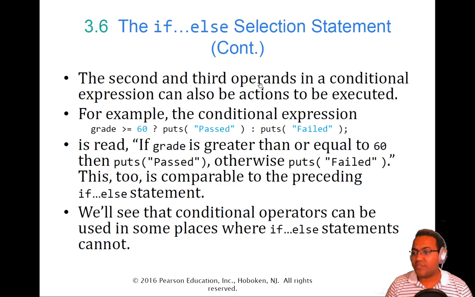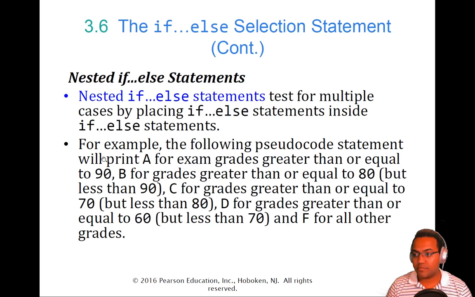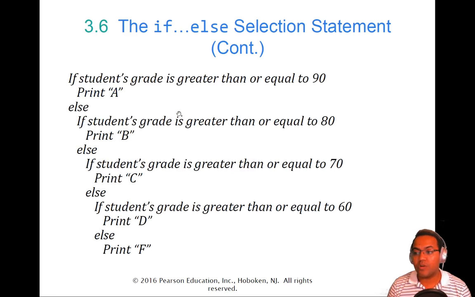So, the second and third operands in a conditional expression can also be actions to be executed. Nested if-else statements test for multiple cases, and in most situations, you can refactor or consolidate nested if statements by using the and the or operator. So, if the grade is greater than or equal to 90, print A, else if the grade is greater than or equal to 80, print B. We spoke about this, right?